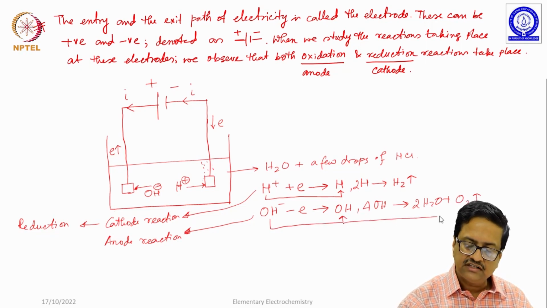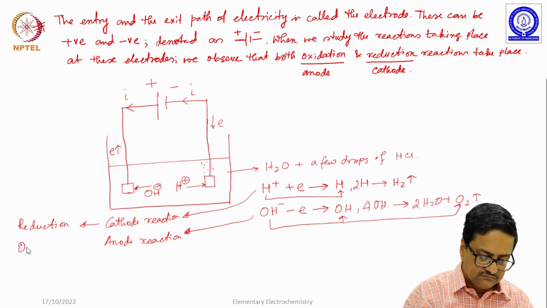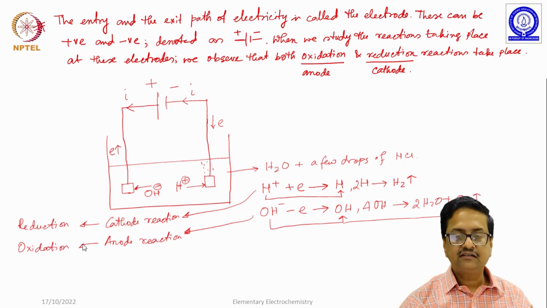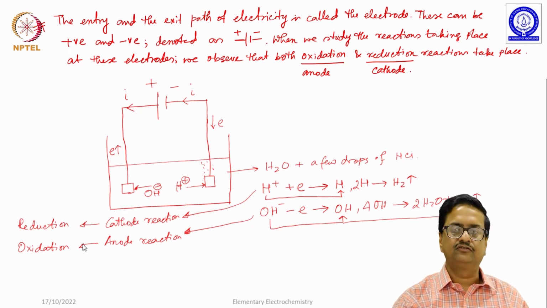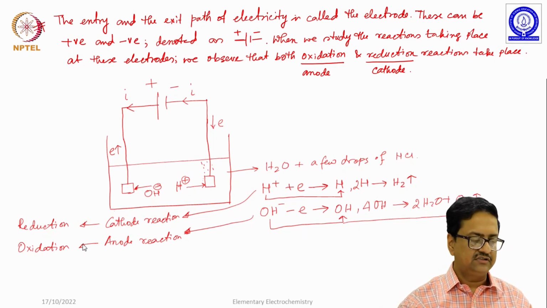Overall, the oxidation is of oxygen, O minus to O0. So you should remember that reduction happens at cathode and oxidation happens at anode in any electrochemical process.